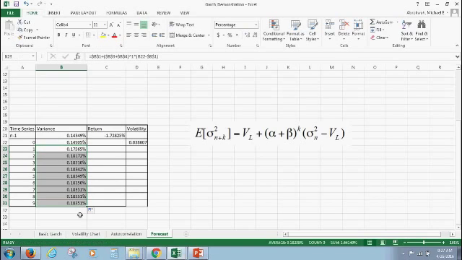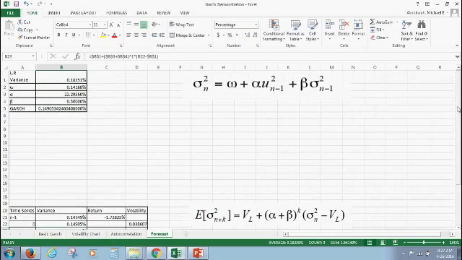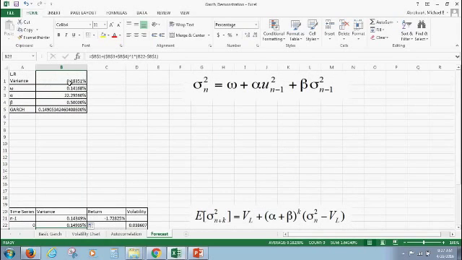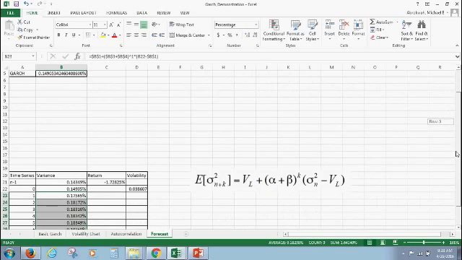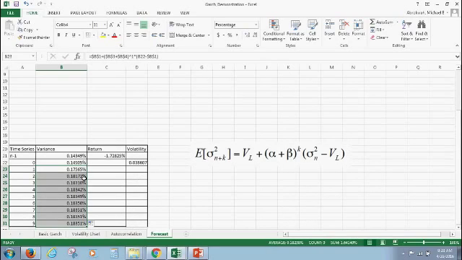Wonderful. So now I can just scroll down and use this value. Notice, first of all, something very interesting here. The long-term variance is 0.18351%.